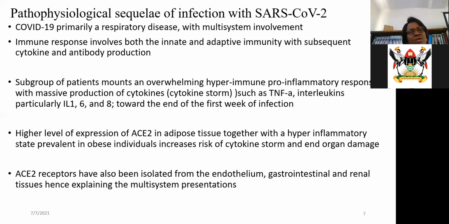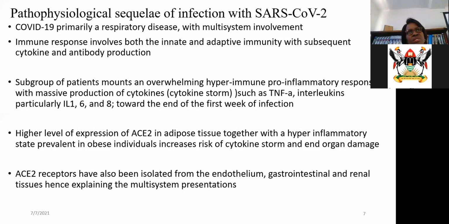And the cellular immunity will see us getting the cytokine production. So we'll see these cytokines, chemicals that are pro-inflammatory, cause an inflammatory response in the body, as we shall see in the next bullet.